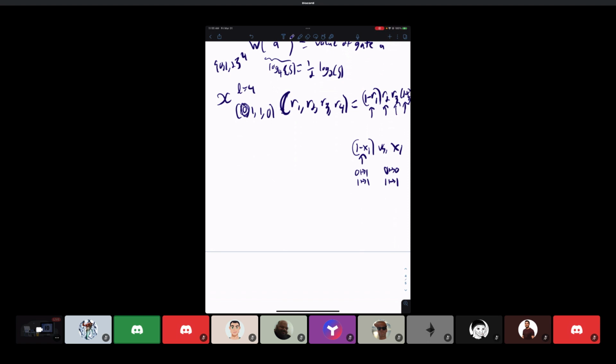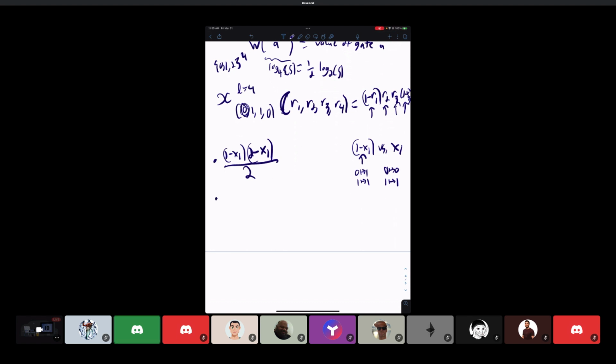The one that picks out 0 would be: we want to kill 1, we want to kill 2, and then we want 0 to map to 1 rather than 2. So this would be the first basis polynomial.